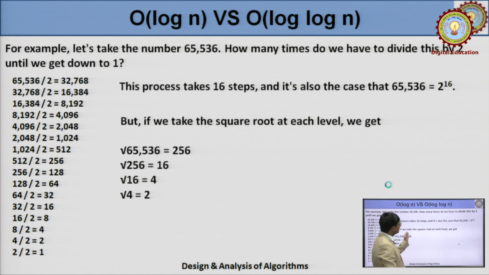Now, let us see how this log n and log log n time complexity can have an effect on our algorithms, for a particular example. For example, suppose I have taken the number 65,536, and how many times I have to divide it by 2, until we get down to 1. In the log n case, what we are doing is decrementing in every iteration by a constant factor of, suppose, 2.